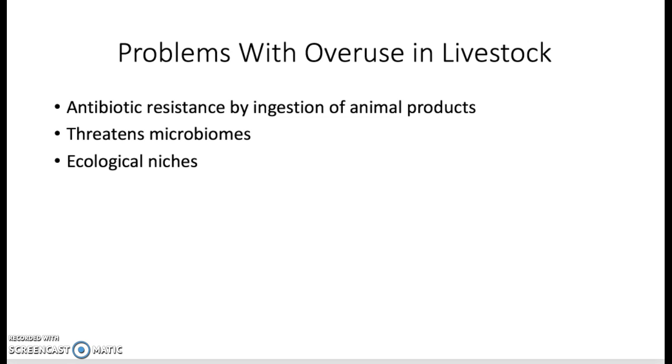Some of the known problems with the overuse of antibiotics in livestock is that they actually contribute to antibiotic resistance in humans through ingestion of animal products, which in turn creates health problems in humans.